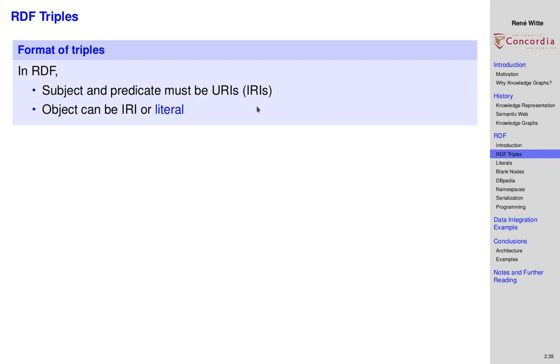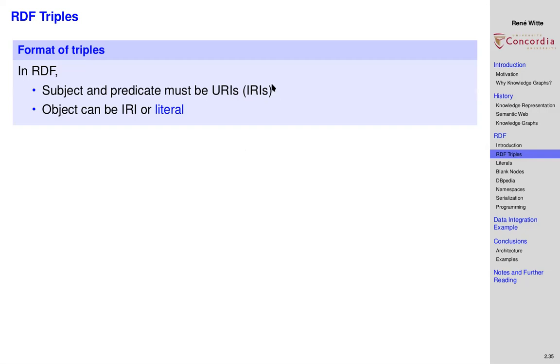It's more correct to talk of IRIs. IRIs are these international versions. You might remember a couple of years back, URIs were extended so that you can also have internationalized characters in there. So you could have French accents or German umlauts or any other kind of Unicode character in a URI.